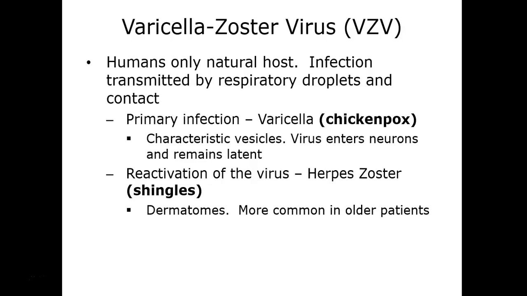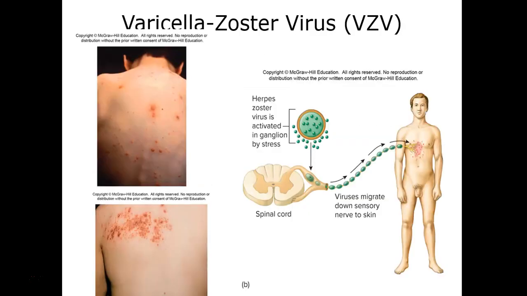The incubation period for chickenpox is typically 10 to 20 days in length. Again, latency is often in the dorsal root ganglia. So here's our dorsal root ganglia. Again, the virus will stay dormant there and can relapse in these crops of vesicular rashes. This particular case is known as shingles.